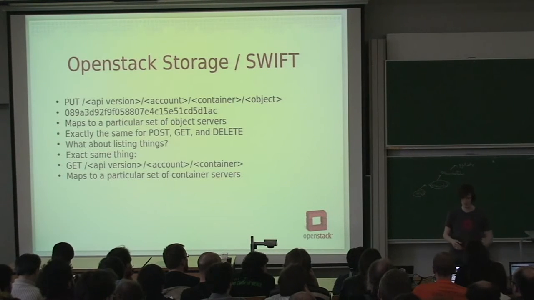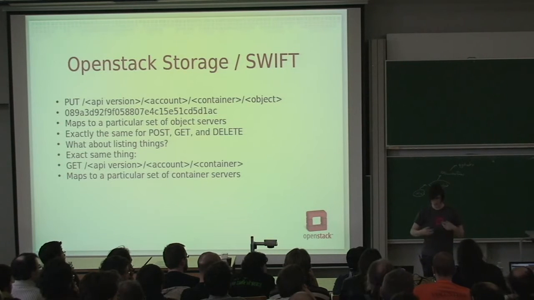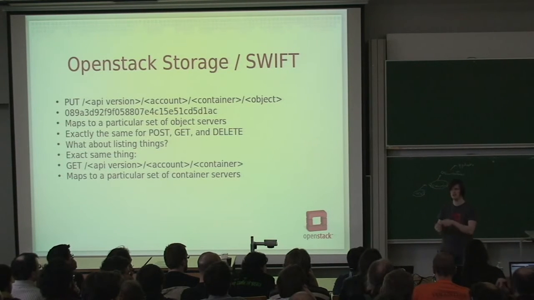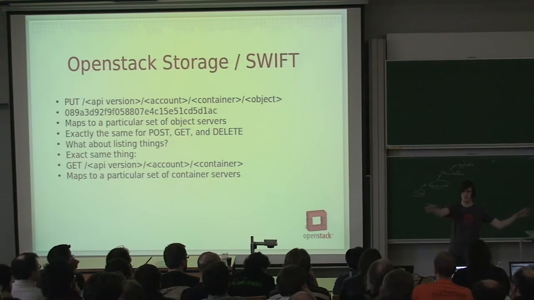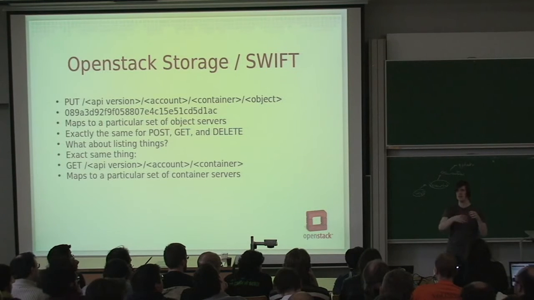Well, the process of changing this ring, as they call it, which is this mapping, you use a specific tool to do that. It's not just a flat configuration file. It is basically compiled based on some input. So when you add another server to your storage pool, it automatically rebalances, so that it moves some stuff around at a specific rate.